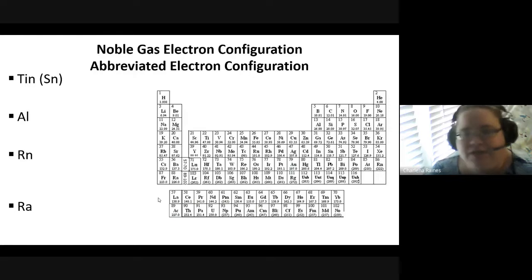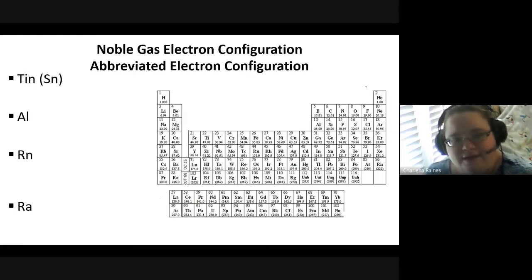So let's look at a couple. I've got Sn, element 50. To find the noble gas that goes before it, I go up and down to the Kr. So I would write krypton in brackets. And that abbreviates the first 36 electrons.